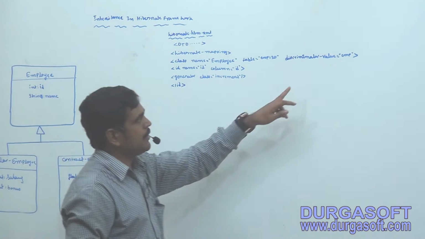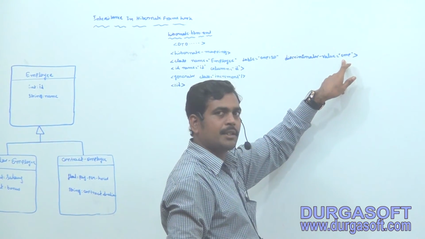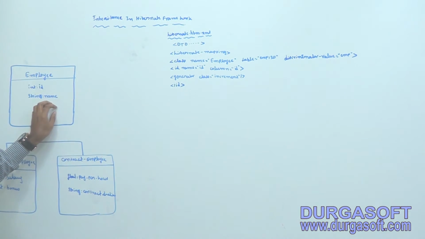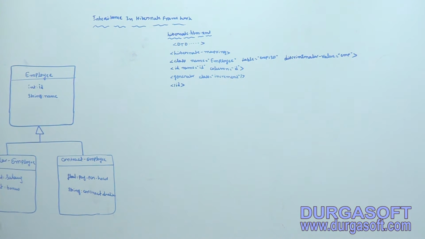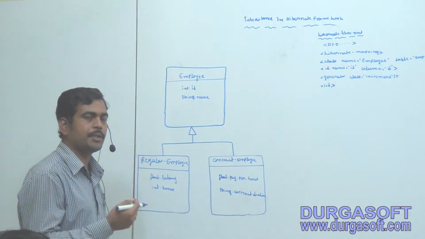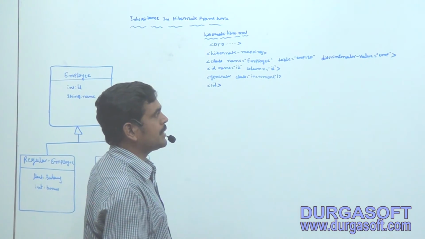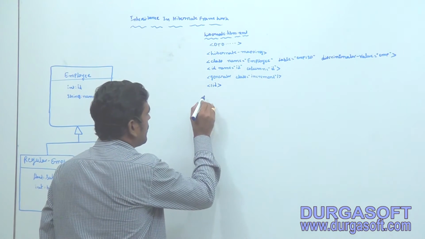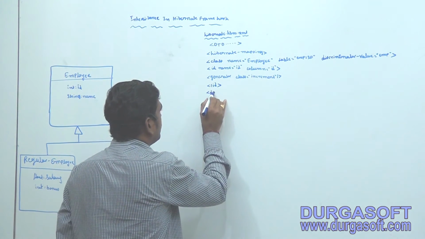Discriminator-value emp we have taken here. Can we store this value in some column or not? We are storing employee data, and along with that employee data we can store the type of the employee also, regular employee and so on. If you want to store that type in a particular column, we have to take one column, that is discriminator.